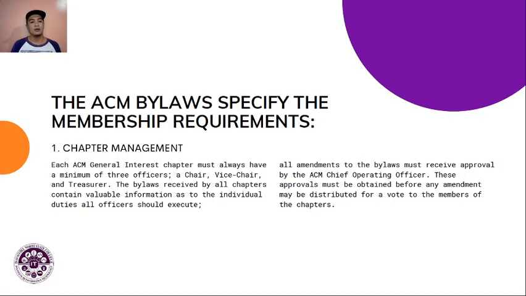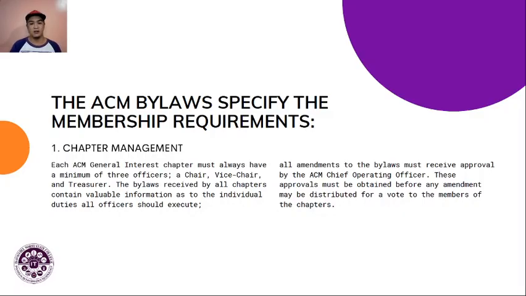Okay, now let's talk about the ACM bylaws that specify the membership requirements. Since this is an organization, there are requirements for you to get into that membership. Number one is chapter management. Each ACM general interest chapter must always have a minimum of three officers.